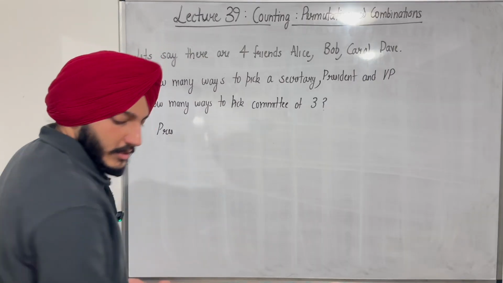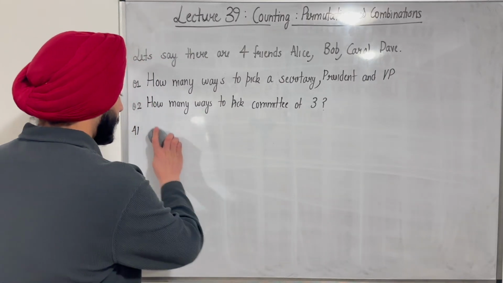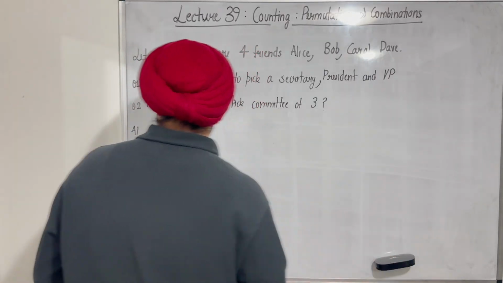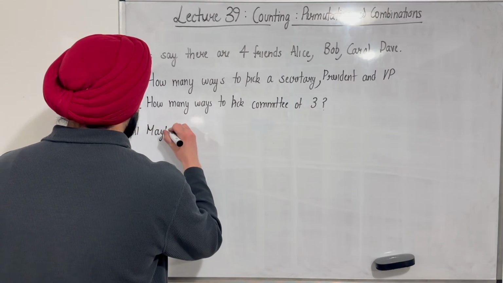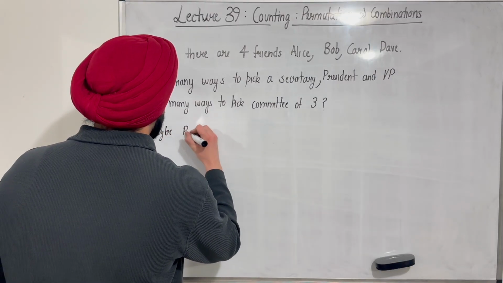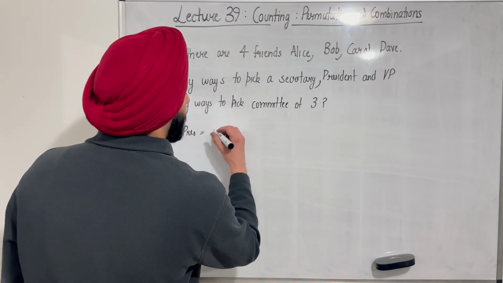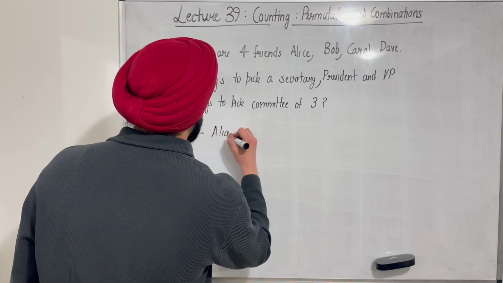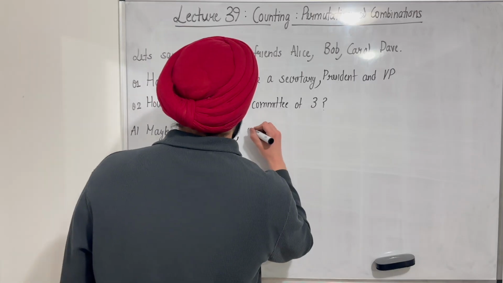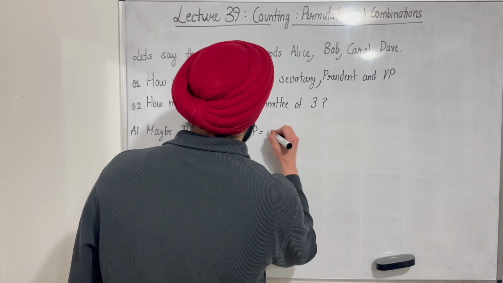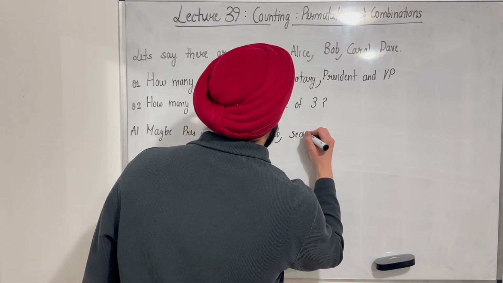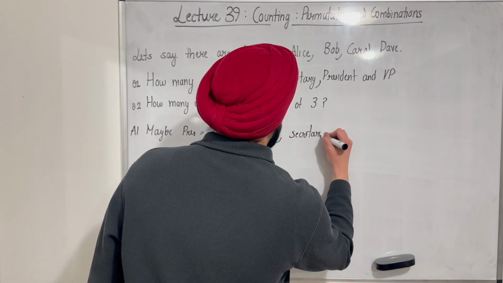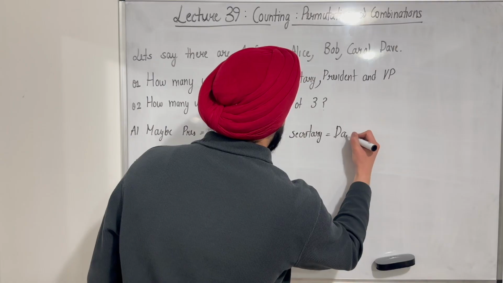So maybe president equal Alice, VP equal Bob, and secretary equal Dave.